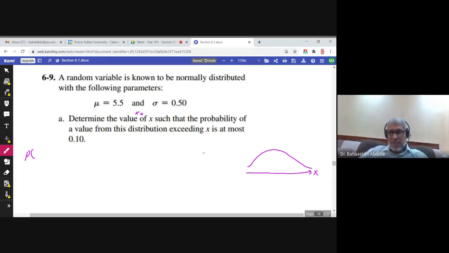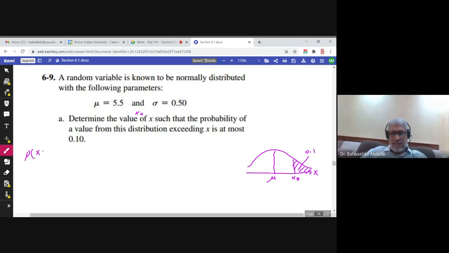So the probability that the values are exceeding x0, meaning more than x0, is at most 0.1. So 0.1 is the largest area possible. So x0 has to be a number here to the right of the mean, because the values exceeding x0 are just 1%, or 10%, sorry, 10%.